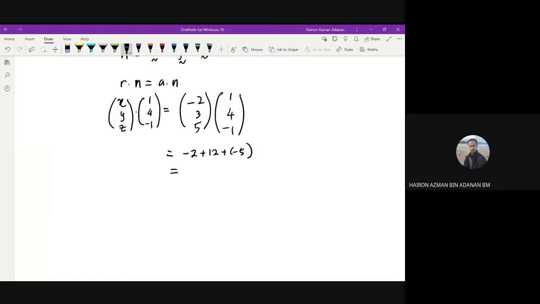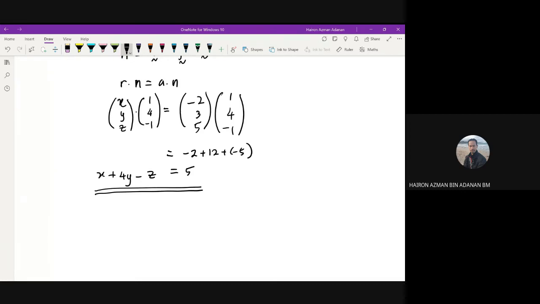So you will get 5. So this one you get x plus 4y minus z equal to 5. So this is your equation of plane. Equation of plane in Cartesian form. Dalam bentuk Cartesian form yang itu.